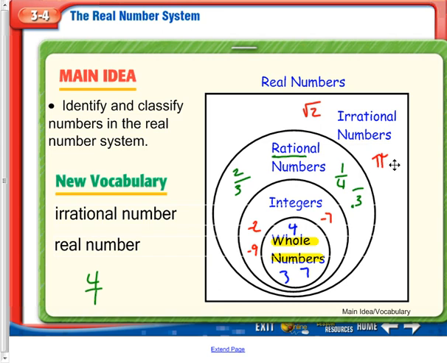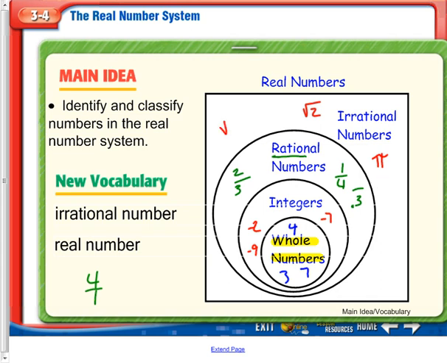Many of us think of 3.14, but really that number goes on and on forever, and it never repeats, and it never terminates. If you were to start writing the number pi out, you would never be able to finish. It keeps going forever. So we call these numbers irrational numbers, and we try to use different ways to represent them, like here we came up with a Greek letter, pi, to represent that number.